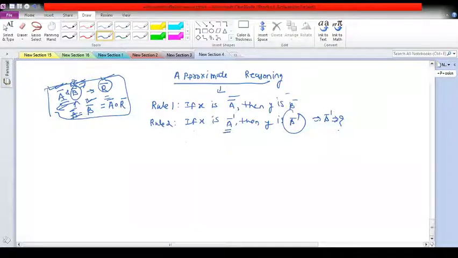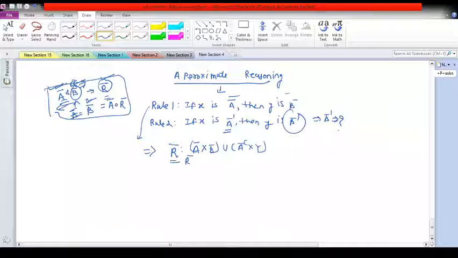So how to do that? In order to do that, first let us form the rule. Let us solve for rule 1, which says that if X is A bar, then Y is B bar. For that, the relation matrix can be defined as A bar coupled with B bar, or A bar complement coupled with Y. Now I know R bar.